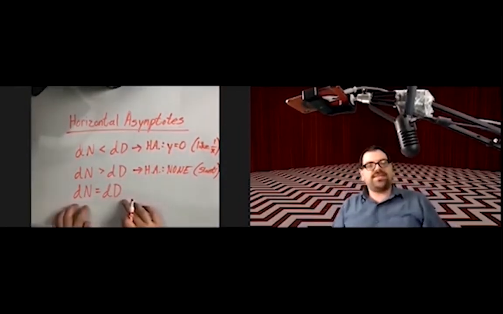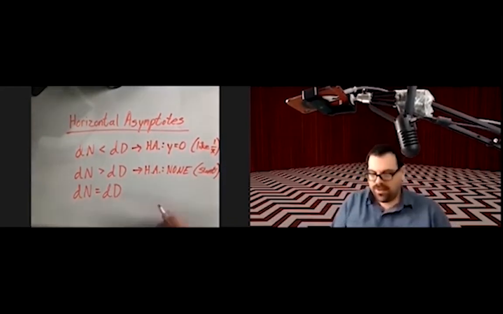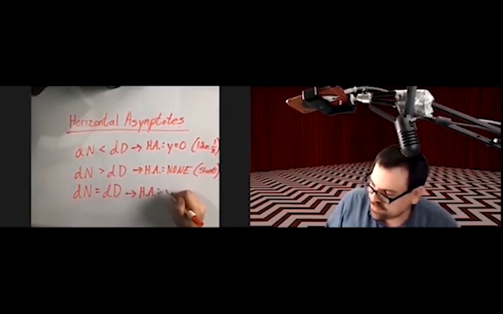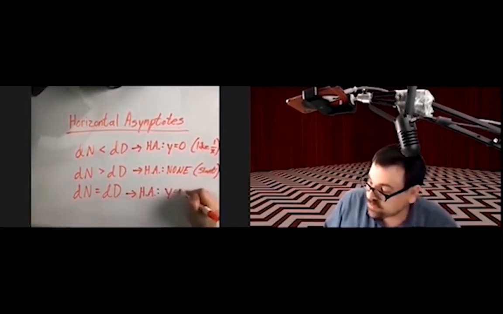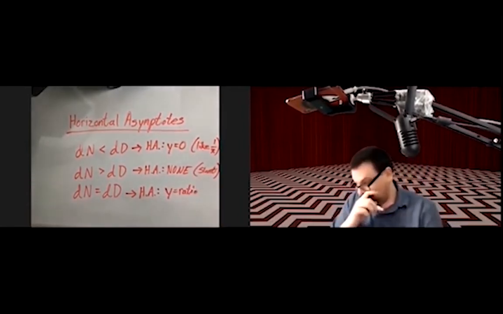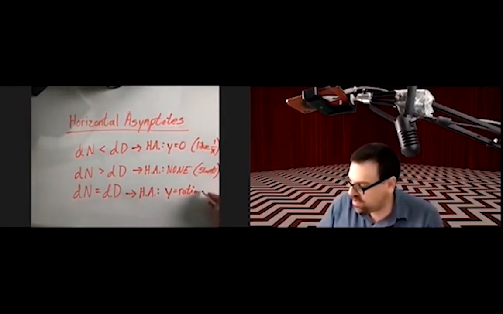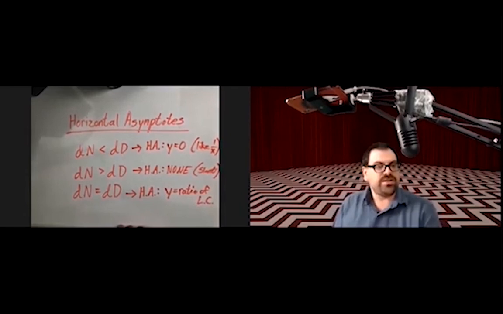If the degrees are the same, this one's my favorite. The horizontal asymptote is going to be y equals a ratio. And it's going to be the ratio of the leading coefficients.